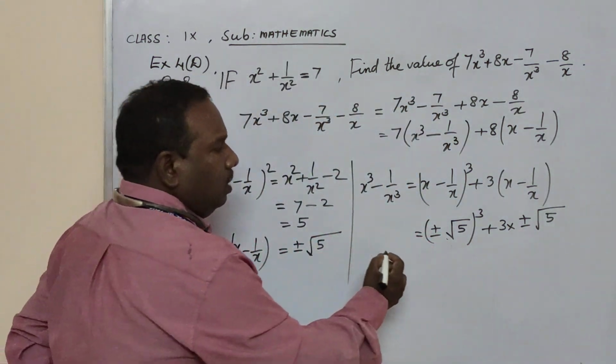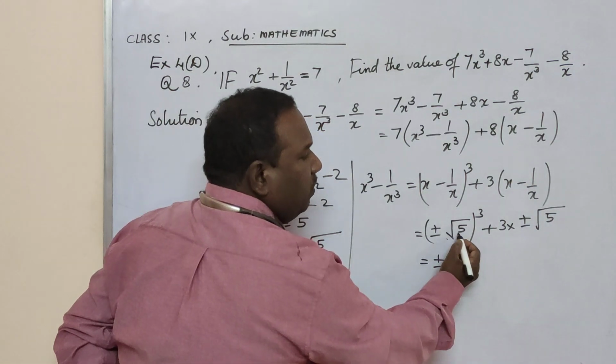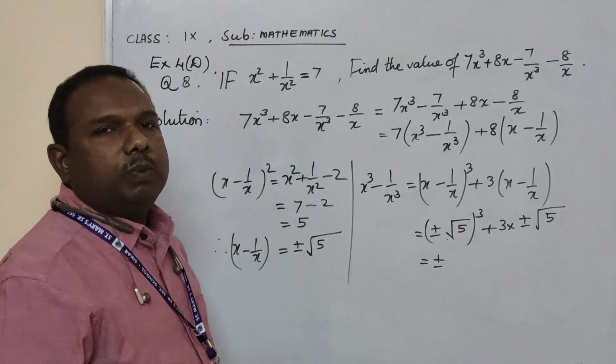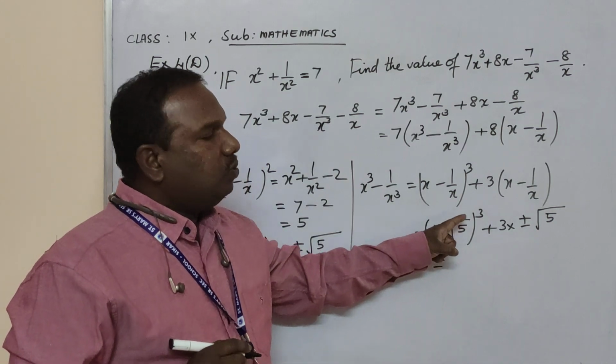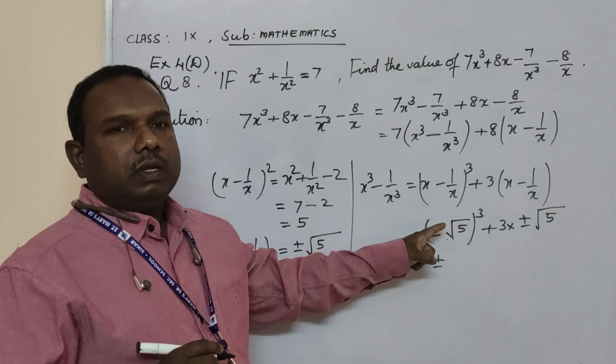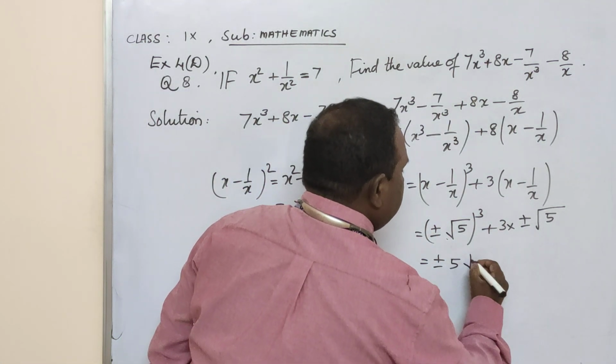You know, this is equal to plus or minus root 5 into root 5 into root 5. When you multiply root 5 three times, it becomes 5 root 5.